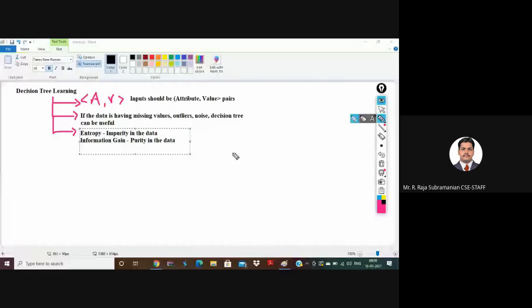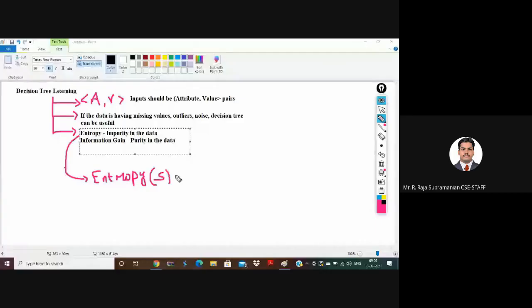So these two metrics we actually use, and we have the formulae also for the same. For example, for entropy, I can say the entropy of a particular set S, with an overall output probability. If I want to say the entropy, what is the formula?